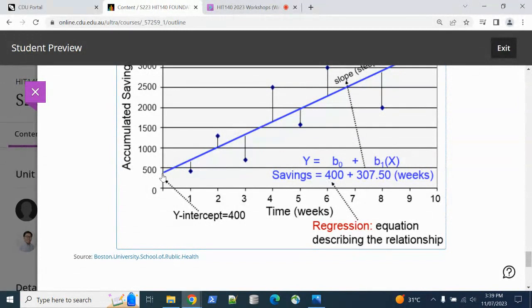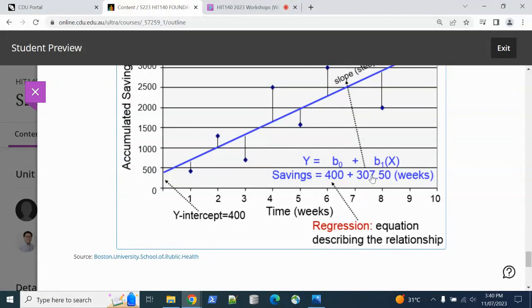That's the value of savings when the weeks is 0. So that could be the amount of savings that you start with before you start counting. So intercept is the value on the y-axis, the vertical axis, when the value on the x-axis is 0. That's the meaning of intercept.